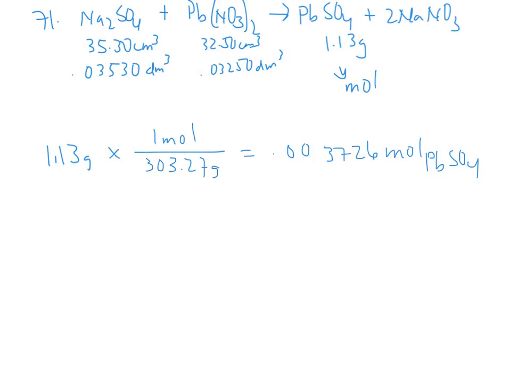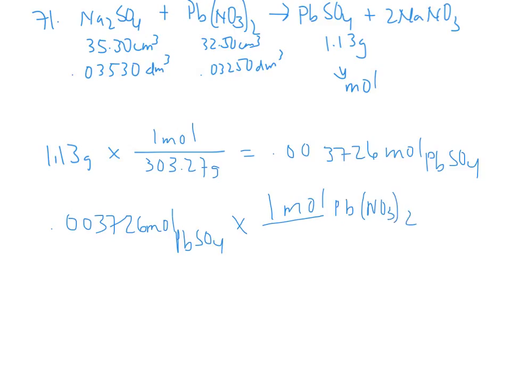So that allows me to work backwards here and see that 0.003726 moles of lead sulfate would mean I have just 1 mole of lead nitrate per mole of lead sulfate.